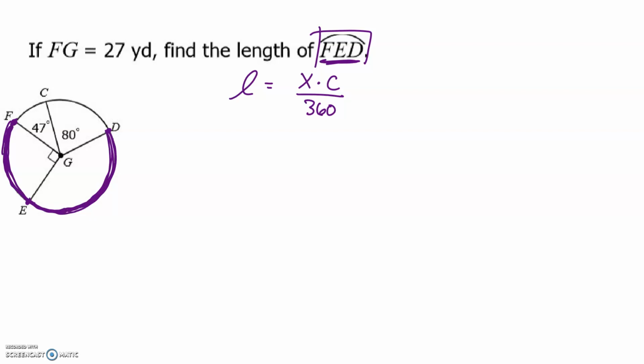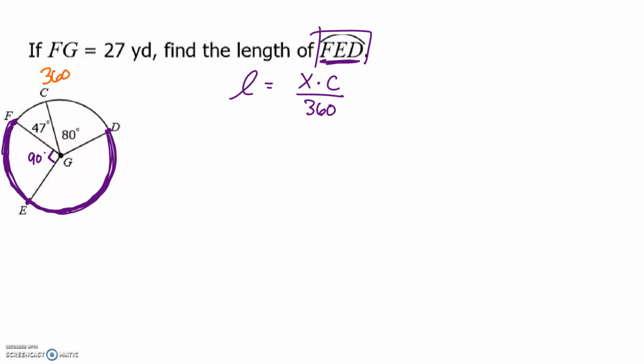Okay, some information. They tell us that this is 90 degrees because of this little perpendicular box right there. Next, we have all of the information except for this central angle right here. If I don't know what that central angle is, I can add everything else up and subtract it from 360 degrees.